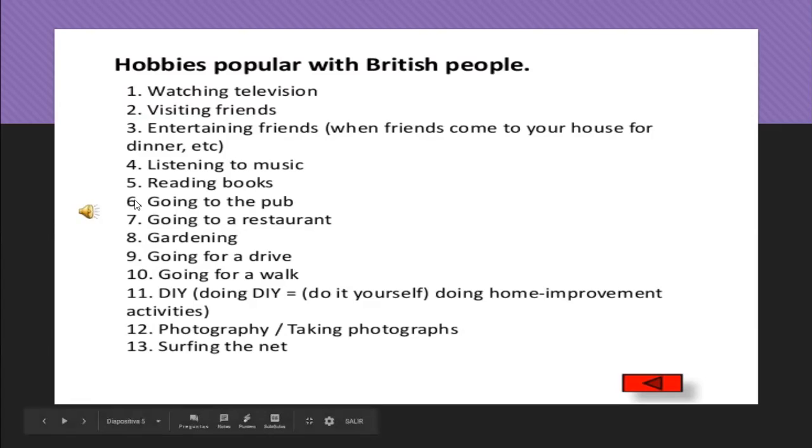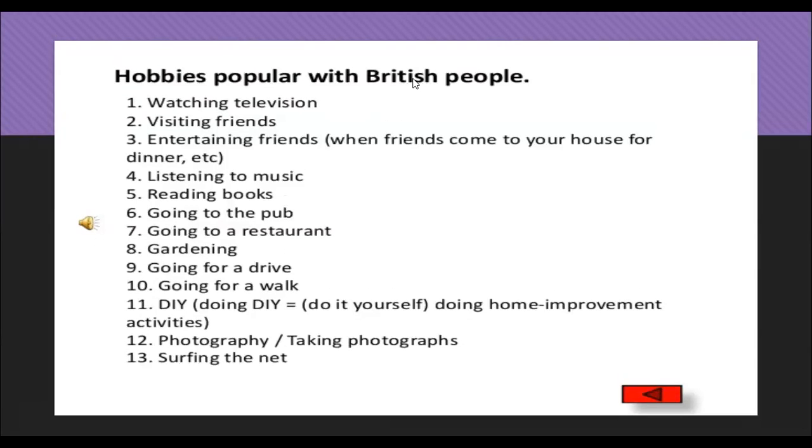So here, I want you to check something that is very, very important. When we are talking about hobbies, it is important to use the language in a proper way. So when we talk about a hobby, we always use the ing form in every single word.